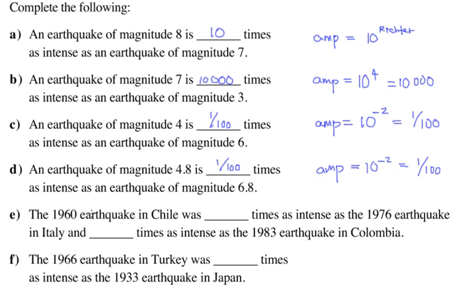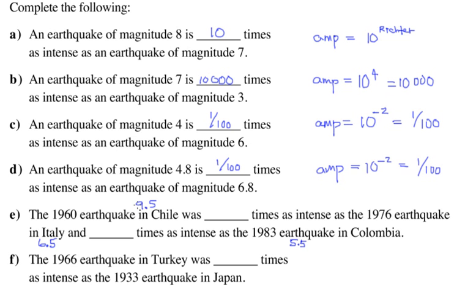Okay, the 1960 earthquake in Chile, which you can find on the scale at the top of the page, was a 9.5 on the Richter scale, one of the worst we've ever measured. The 1976 earthquake in Italy was a 6.5. And the 1983 in Colombia was a 5.5.